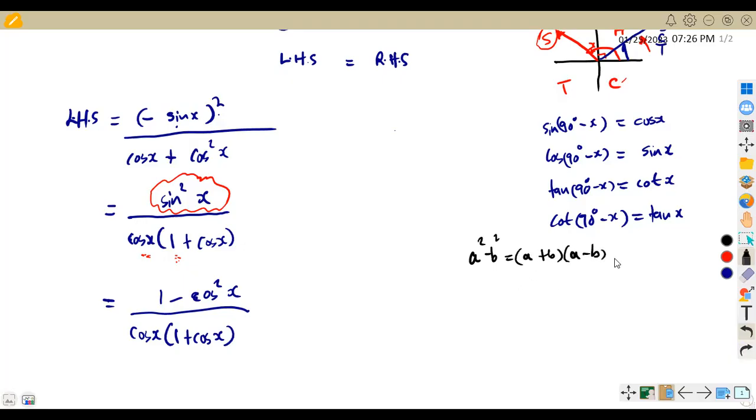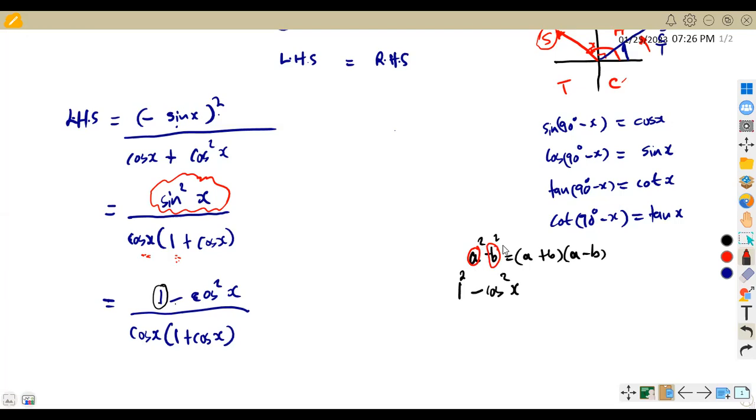Either way, you can start with a minus b. So here you've got 1 minus cos squared x, of which 1 here is a perfect square because 1 can be written as 1 squared. So this can be written as 1 squared minus cos squared x.